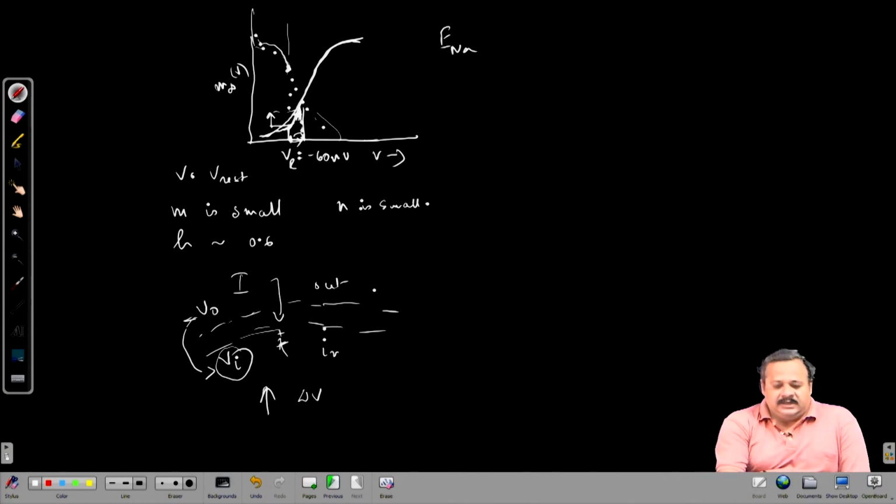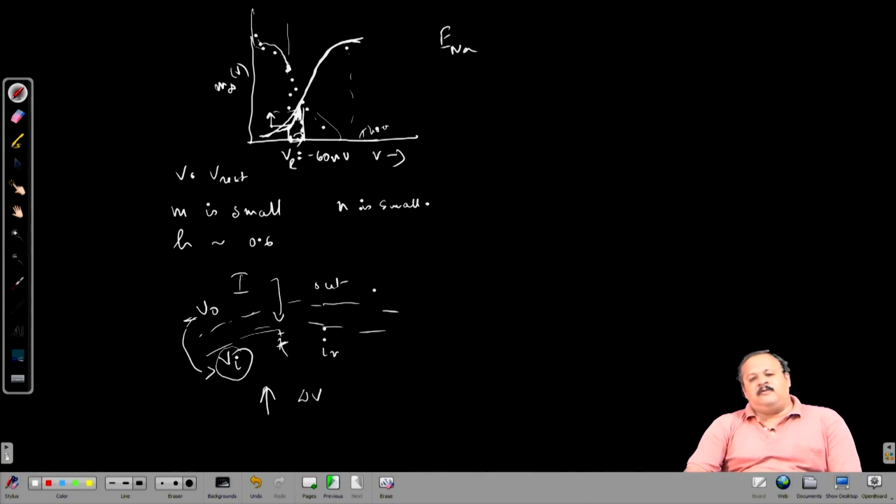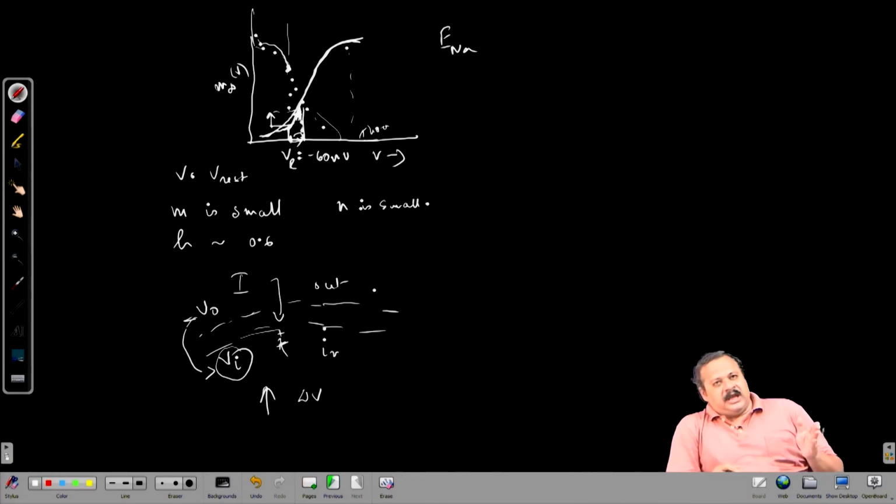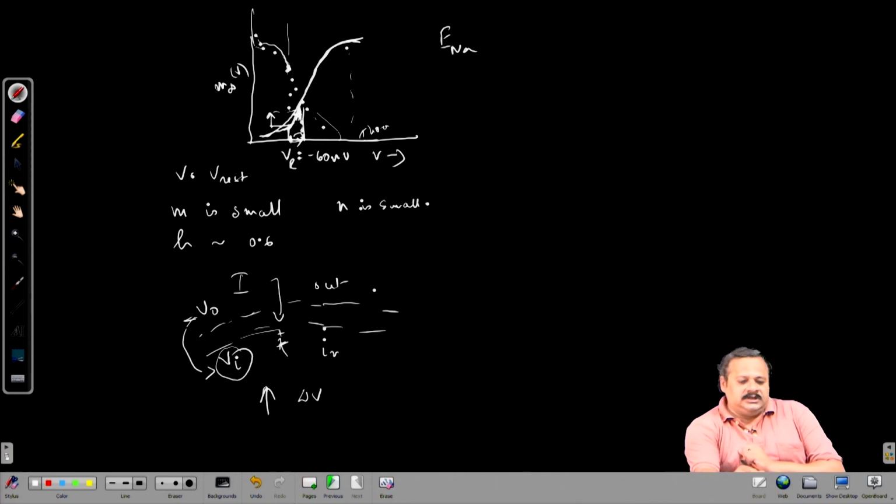So, we are at minus 60 millivolts. If you remember, our ENa is at plus 40 millivolts. So, sodium will flow inwards, trying to pull the membrane potential towards plus 40 millivolts, or this ENa.